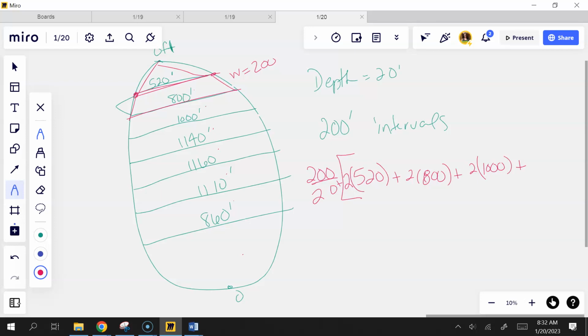So let's see what happens. 100 times, then I'm going to do 2 520, so that'd be 1040, plus 1600, plus 2000, plus 2280, plus 2320, plus 2220, plus 1720, and then 0.